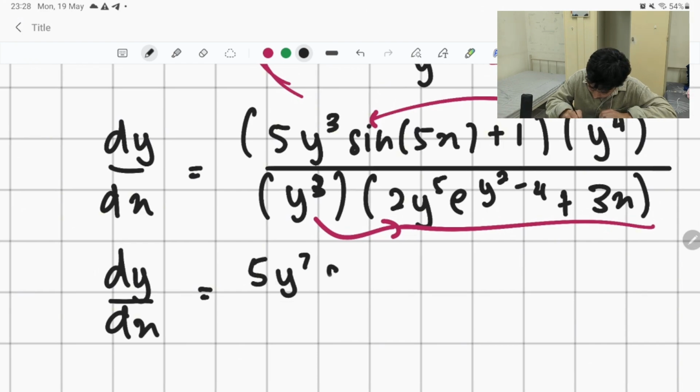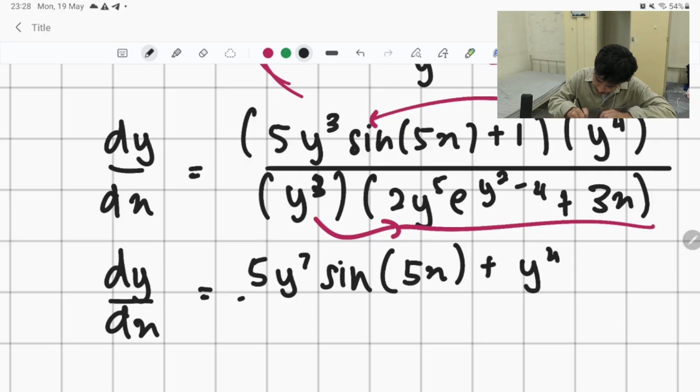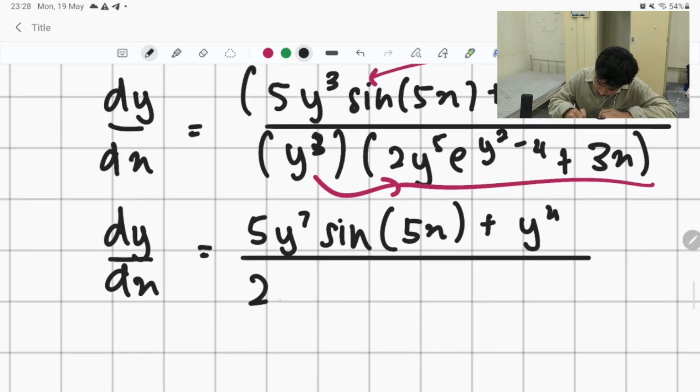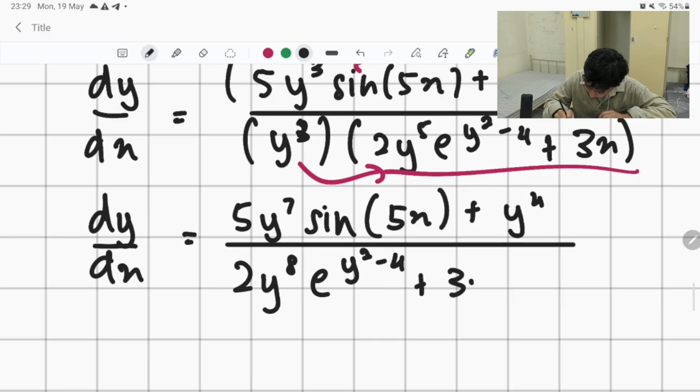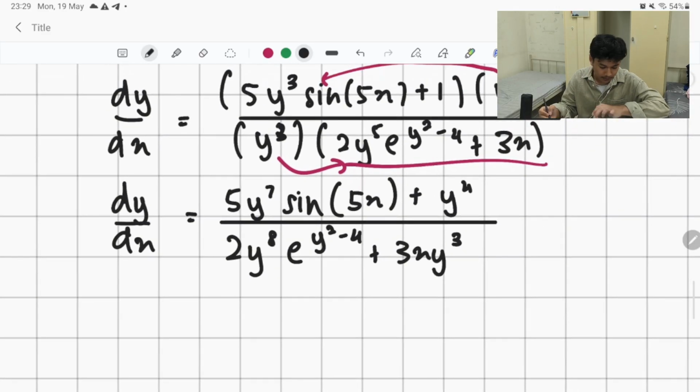We get 5y to the power of 7 sin 5x plus y to the power of 4 over 2y to the power of 8 e to the power of y squared minus 4 plus 3x y cube.